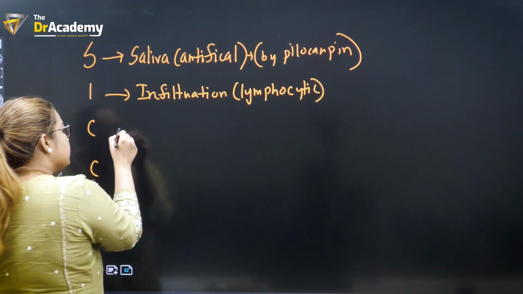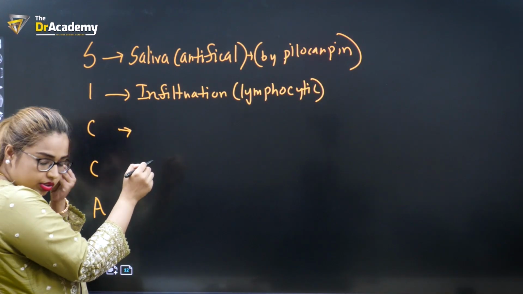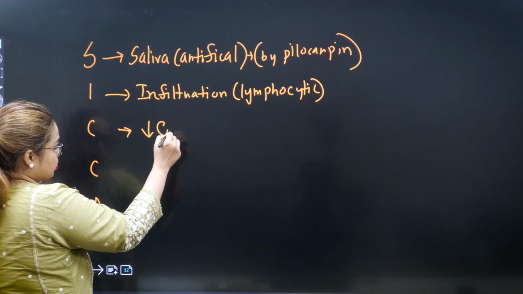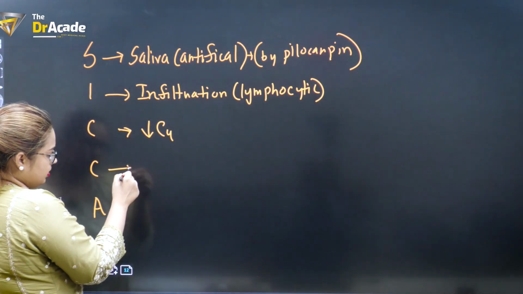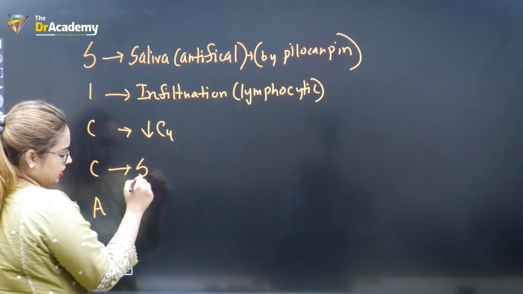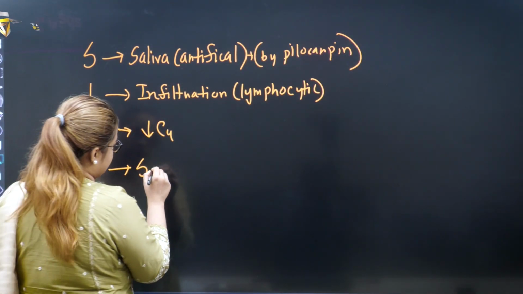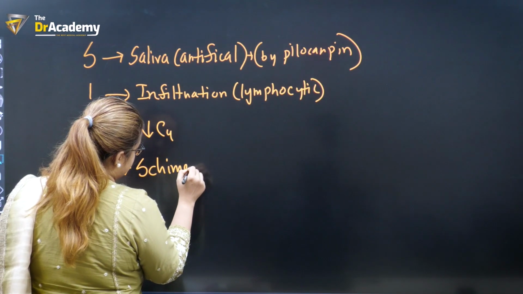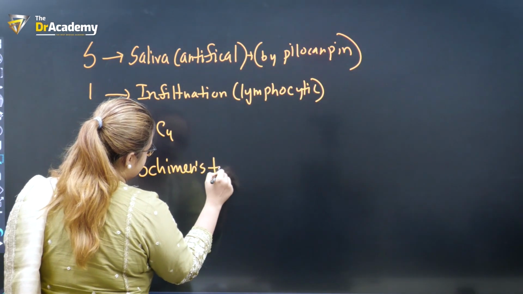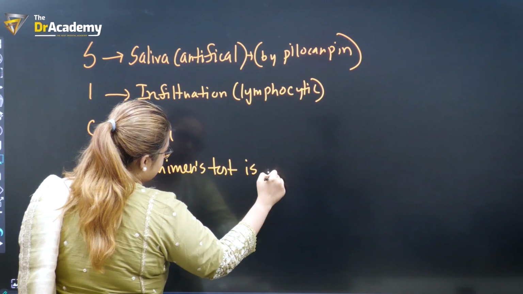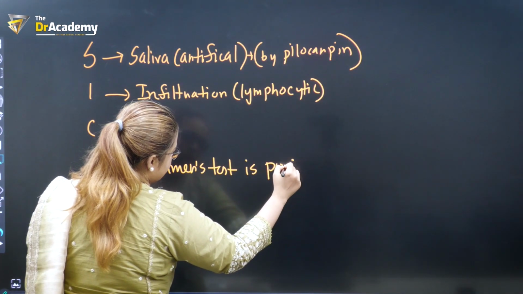And also C3, C4 is low. Okay, and here the Schirmer's test is positive.